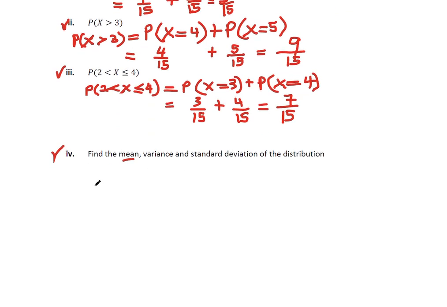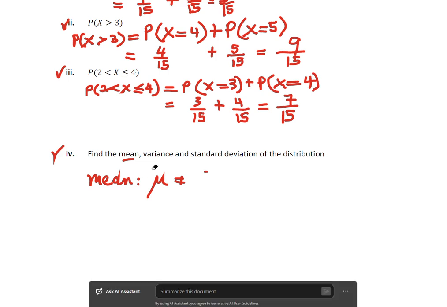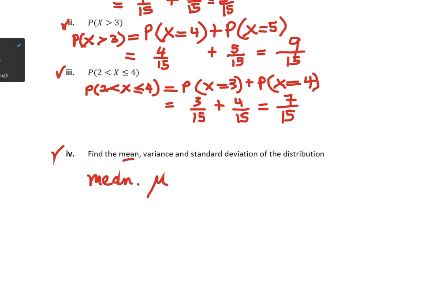Let's start right there. So the mean, and the symbol we're going to use for the mean here is mu, is equal to, always, the mean or expected value.